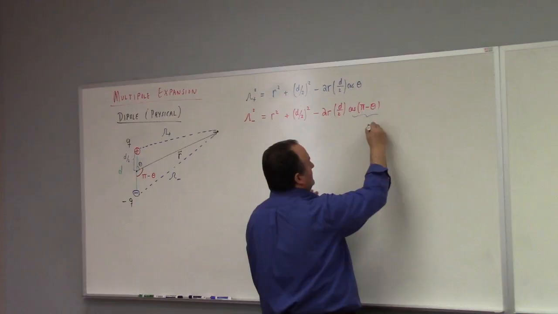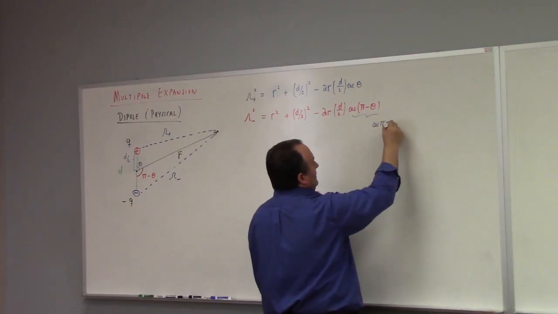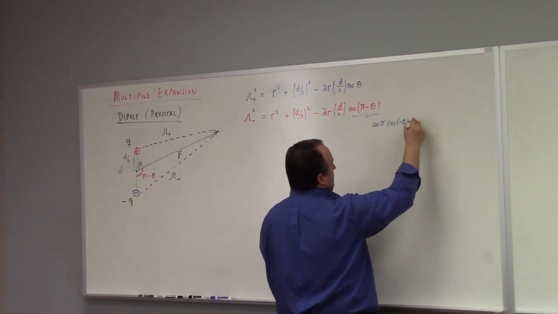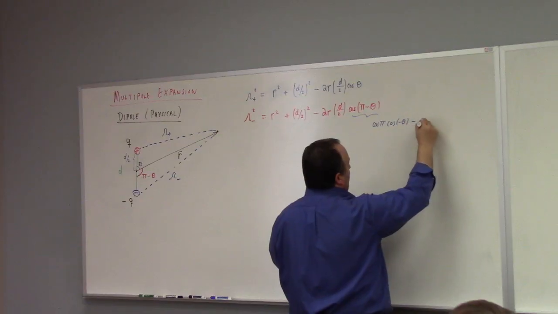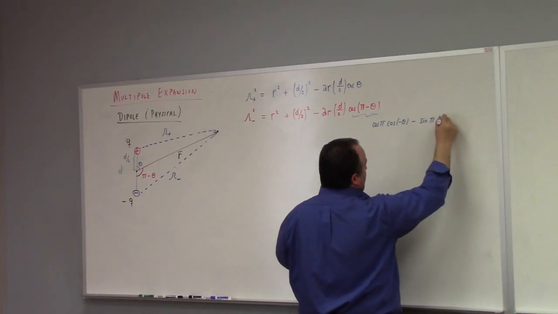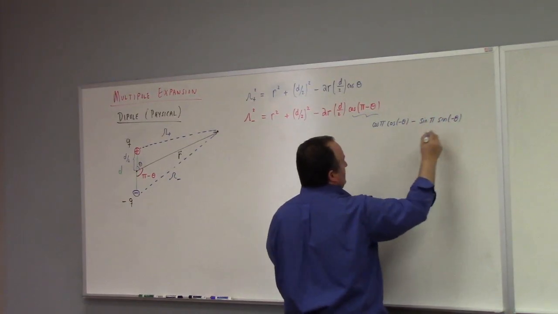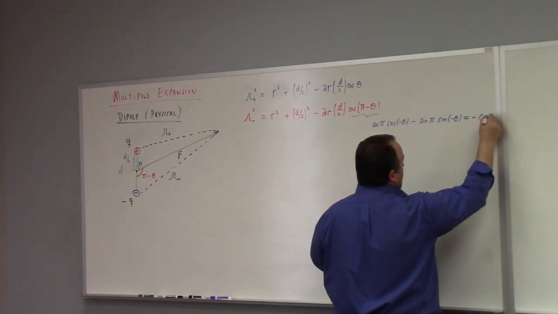So this is cos pi, cos minus theta, minus sine pi, sine of minus theta, also known as minus cosine theta.